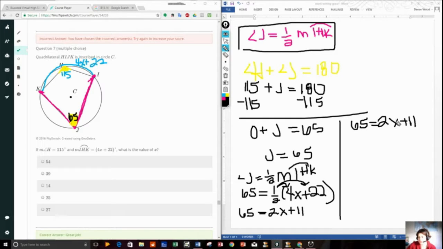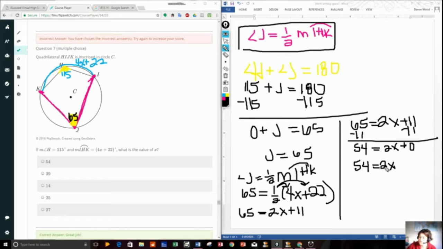Now I want to solve for x, so I'm going to move my 11 to the other side by subtracting it, since it was added. 65 minus 11 leaves us 54 equals 2x, and 11 minus 11 is 0. So we have 54 equals 2x, because 2x plus 0 is just 2x.